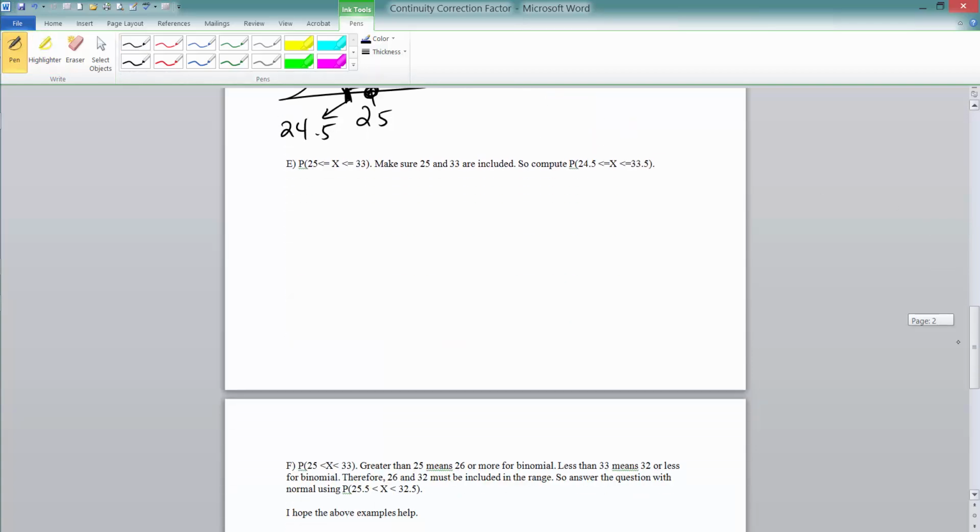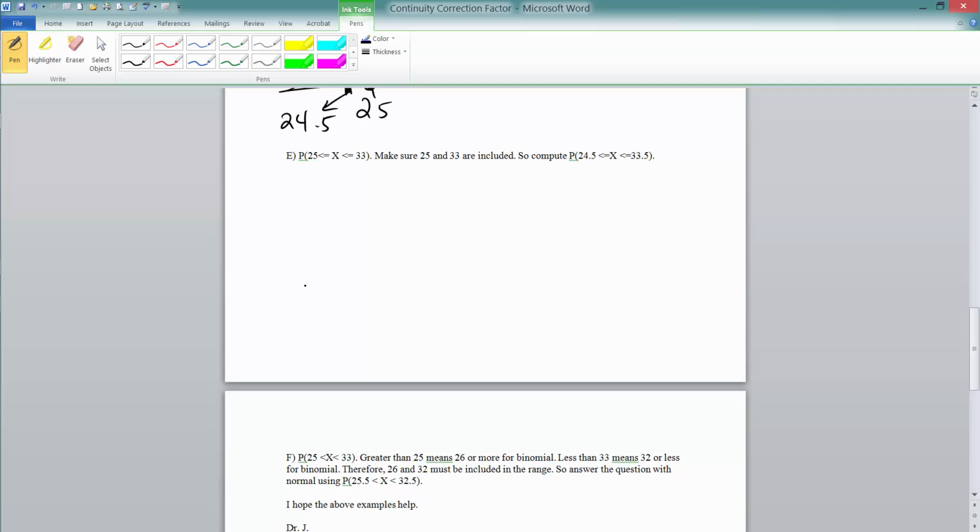Next is probability that x is greater than or equal to 25 and less than or equal to 33. But for both of those values, the equal to is also included. So I want 25 to 33, but it says greater than or equal to 25, so I want 25 included and I want 33 included.